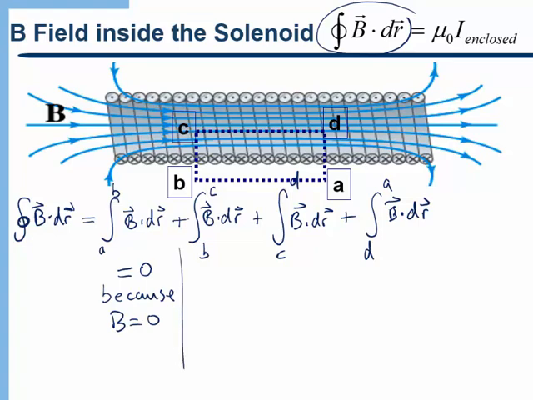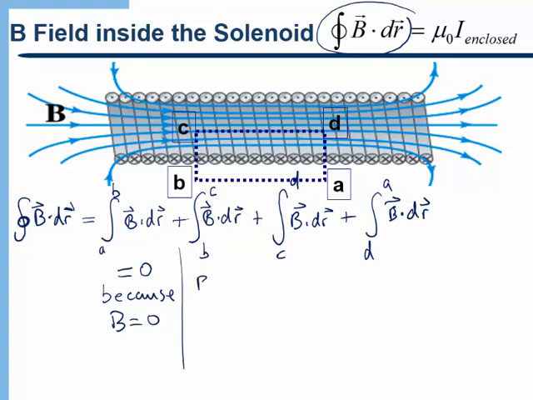Okay, let's look at the next integral from b to c. Well, it turns out that that's equal to 0 as well. How do we know that? Well, because we know that B dot dr is a dot product.